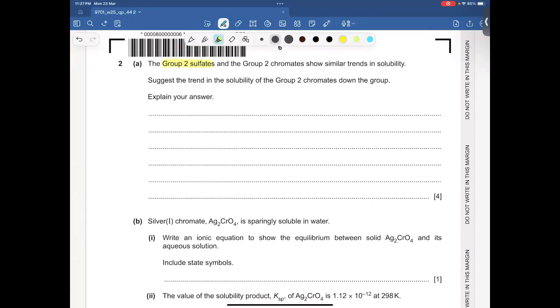Group 2 sulfates and group 2 chromates show similar trends in solubility. So down the group, solubility of group 2 sulfates and chromates decreases. Suggest the trend of the solubility of the group 2 chromates down the group. Explain your answer.